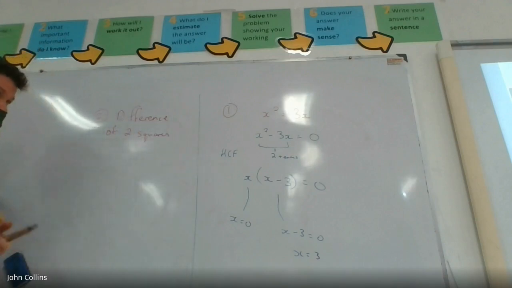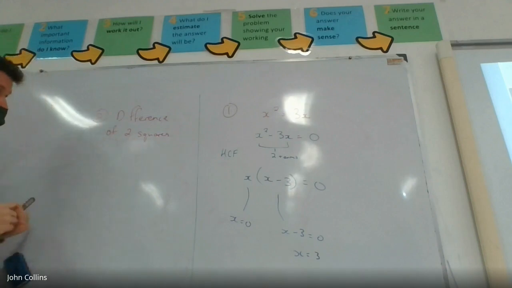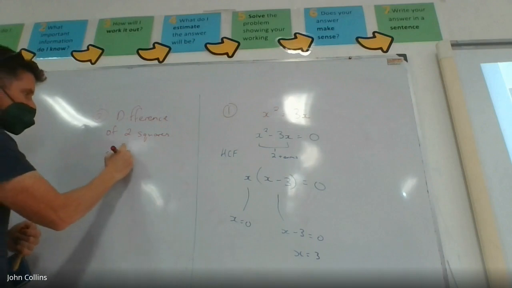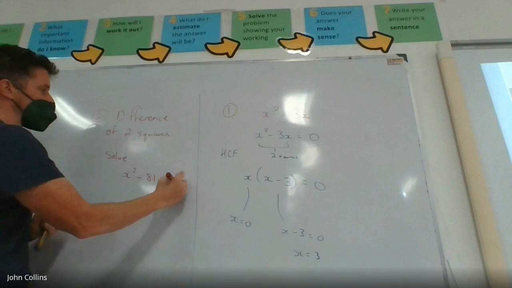Difference of two squares. So you have to solve this: x squared minus 81 is equal to 0.